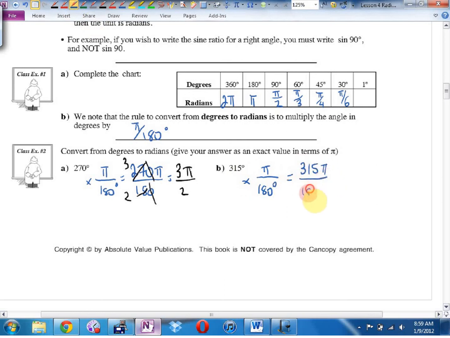Now, to reduce 315 over 180, and if this was not on the calculator section of the test, and it will be, well, what number goes into the top and the bottom? Definitely five, yes. But most of you don't know that 45 goes into the top and the bottom.